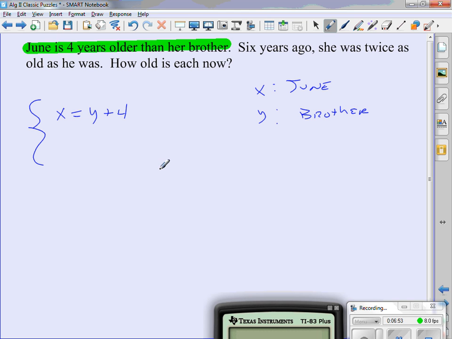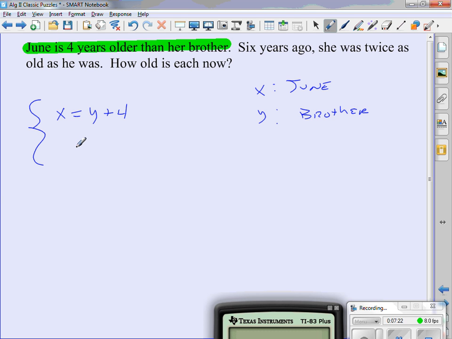The second one. Anyone think they have the bottom one? Go ahead. All right, X plus Y. What would X plus Y mean? Does it ever say June's age plus her brother's age in there? No. That's one thing you got to pay attention to. The first thing it says is 6 years ago. So you get minus 6.